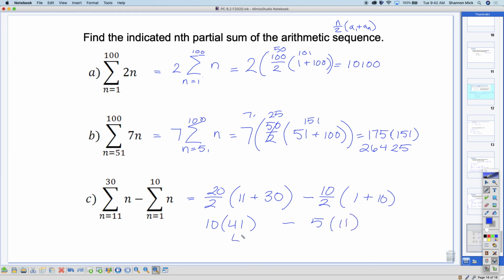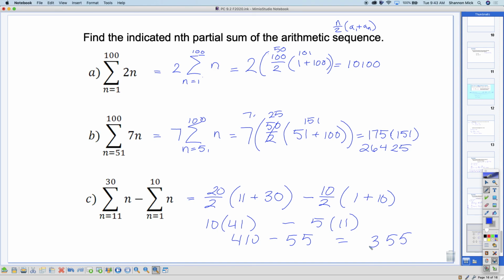So 410 minus 55. That's 355. No, because you had to borrow to make it 10.